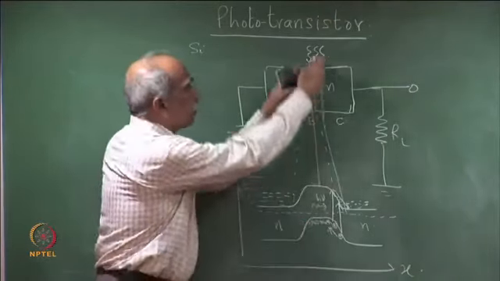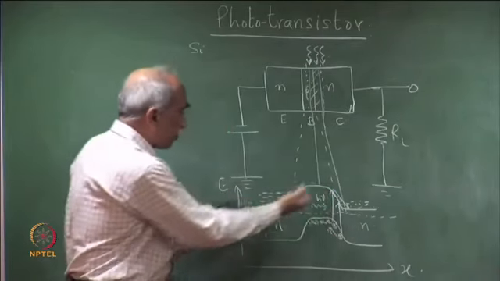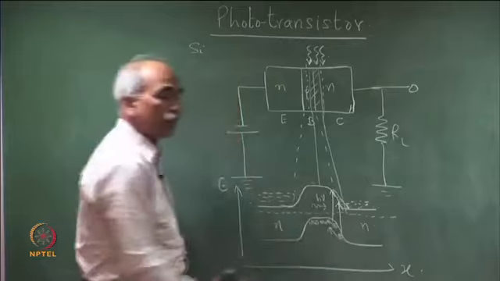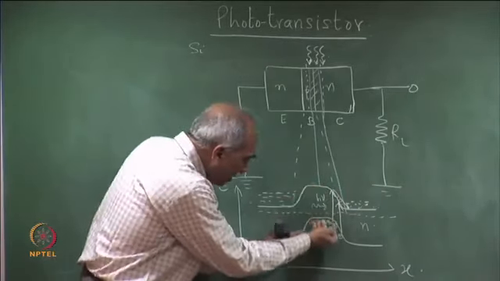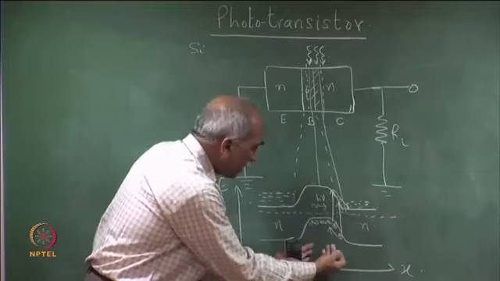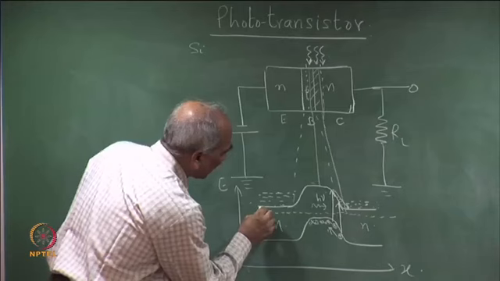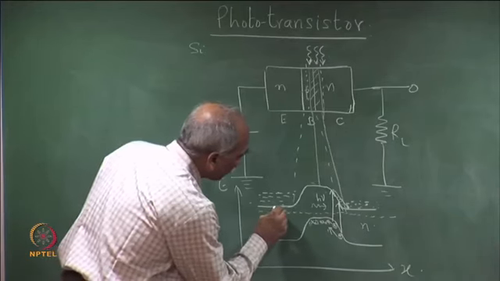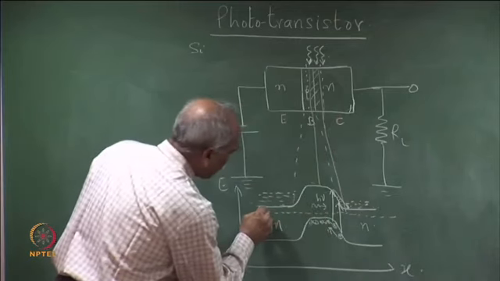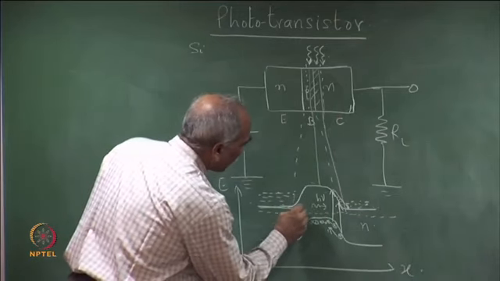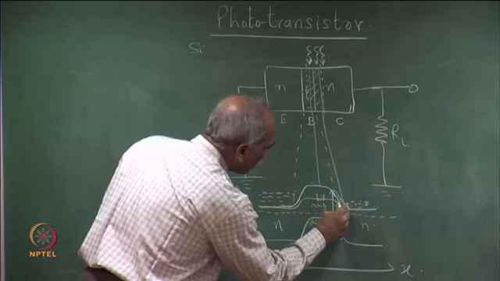More holes coming to the base region means this region becomes more positive, or the potential energy is lowered, which means this barrier is lowered. Let me show schematically the barrier getting lowered. So, this comes down here.